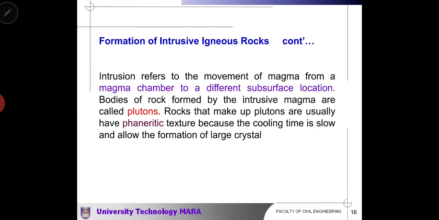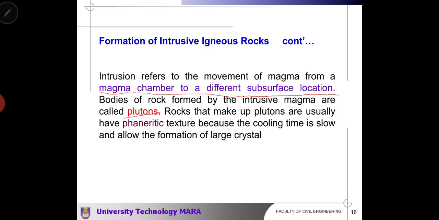The words you need to highlight are magma chamber to different subsurface locations, and we can see this visually. The body of rock from this intrusive process, we call Plutons.